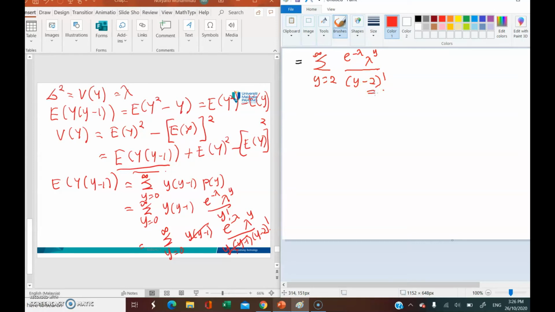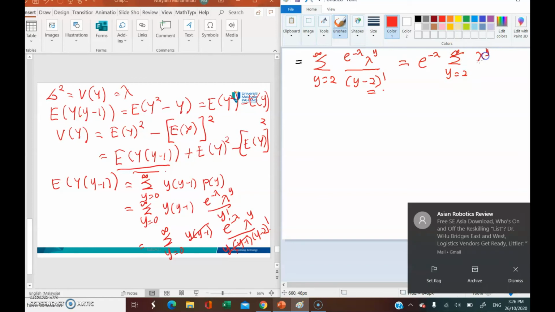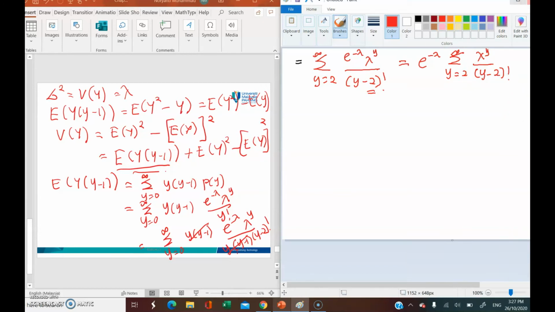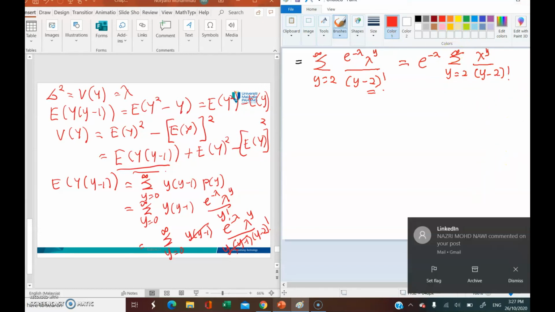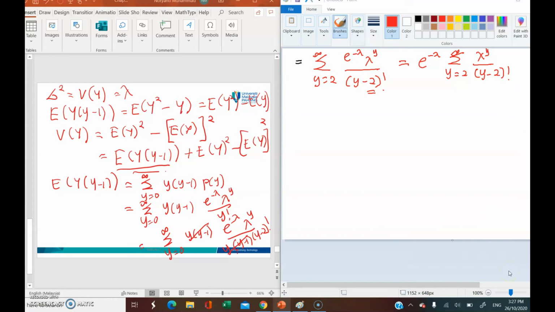All right, so now we can factorize this one. We can bring out exponent negative lambda, summation y from 2 until infinity, and then lambda power y over y minus 2 factorial. All right, so from here you can let z equal to y minus 2.